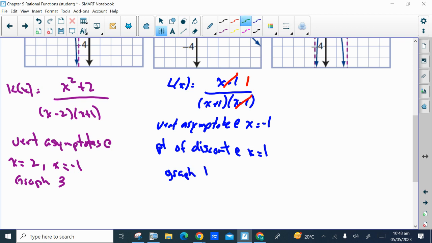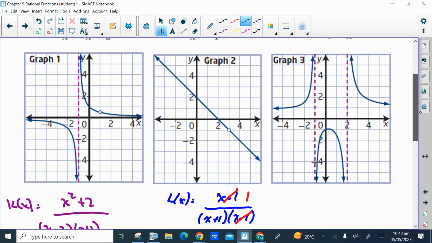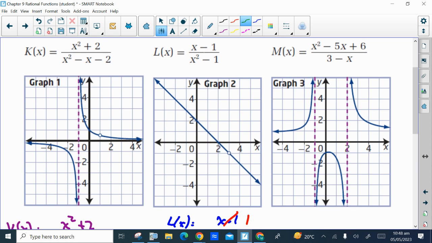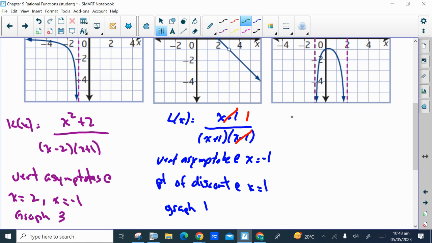And so that leaves graph 2 for equation M, which means we should only have a factor of x minus 3 on the bottom. So let's see how this works. We can factor the top to x minus 2, x minus 3. And to get an x minus 3 in the bottom, we would take out a common factor of -1. So the x minus 3's cancel.